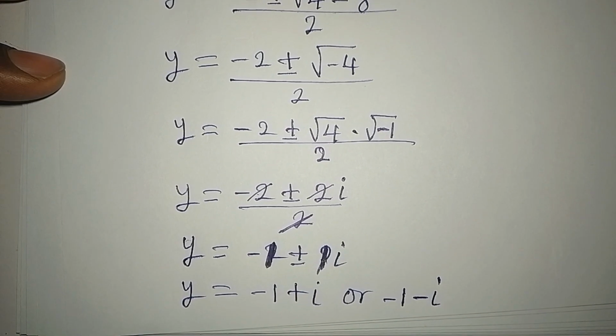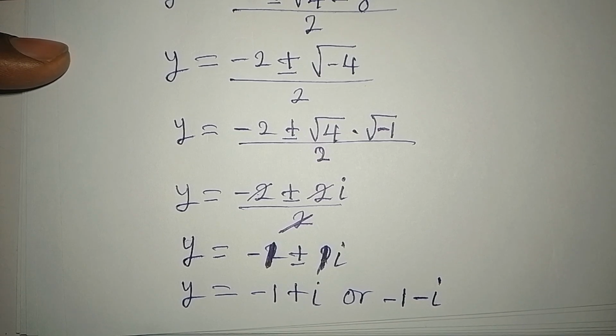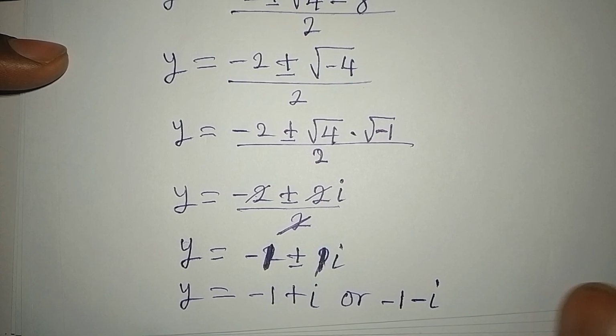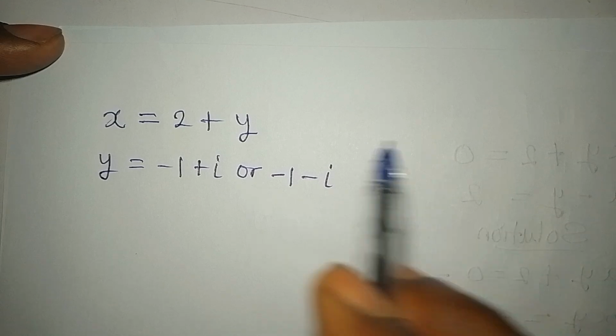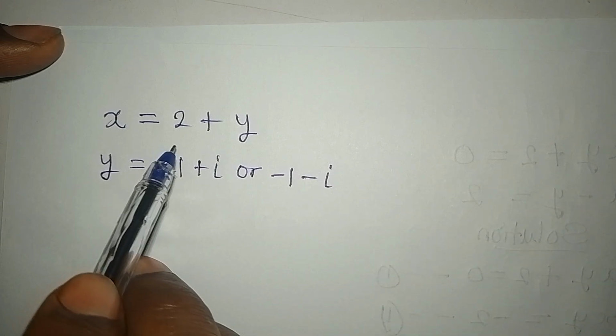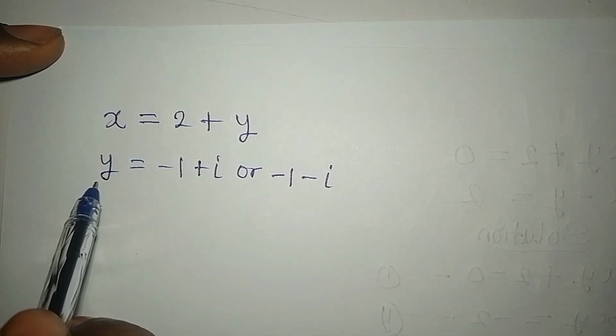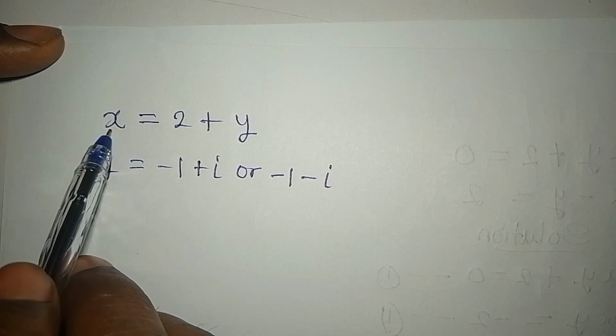Now remember that we are not only looking for the value of y, we are to find the value of x as well. So let's go back to our equation 3. From there we shall get our value of x.